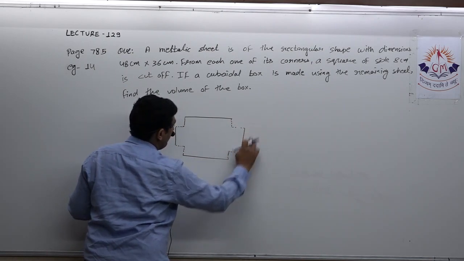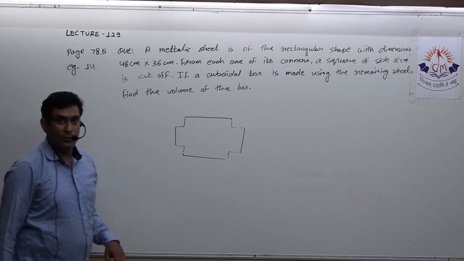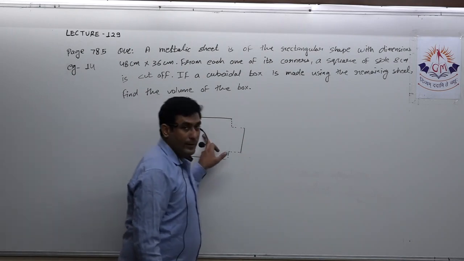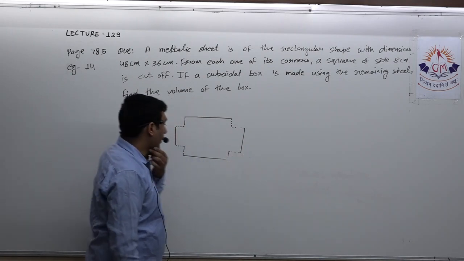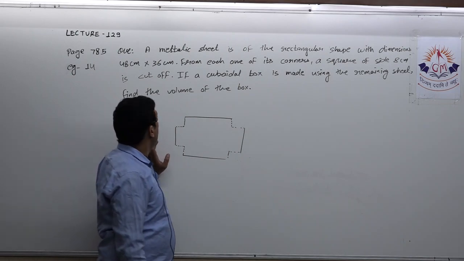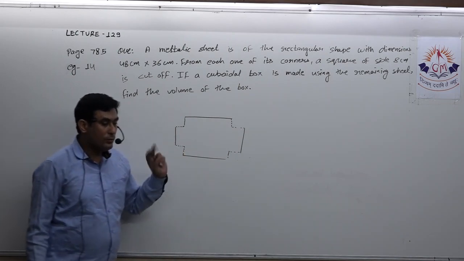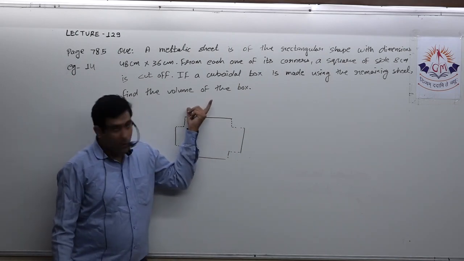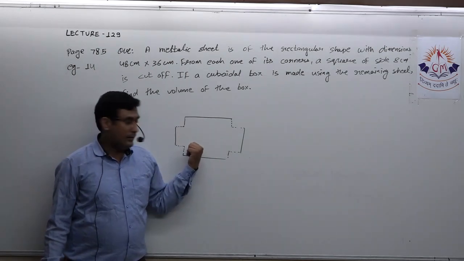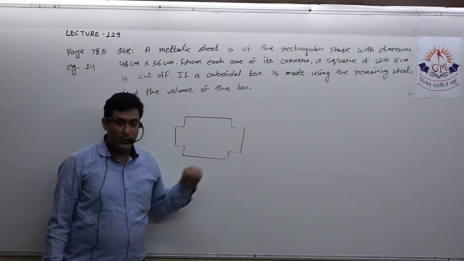After cutting the square from each end, it will look like this. Now from this remaining sheet we have to make a box, and then find the volume of the box. The box we get using this sheet will be a cuboidal box.